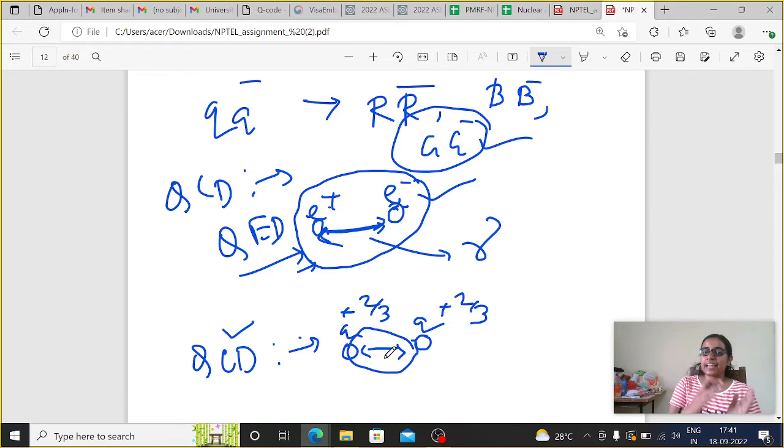So what is in QCD? QCD is quantum chromodynamics. There we are just talking about Q and Q, and in between this Q and Q one mediator will be there, which is charged.